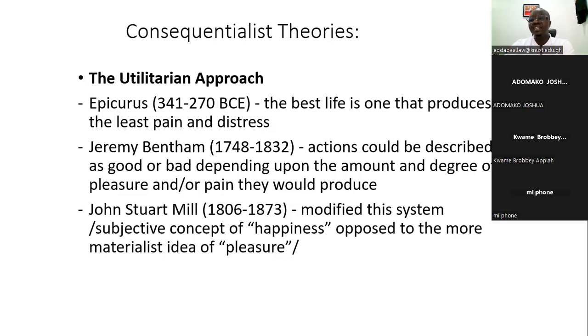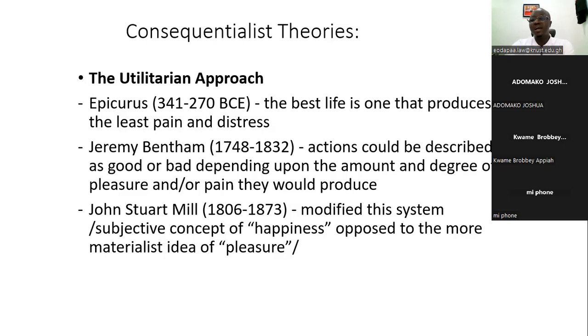So there's something he developed called the philosophic calculus. The philosophic calculus, for example, is a scheme for trying to work out the extent of happiness, the extent of pain or discomfort associated with the various courses of action and so on.